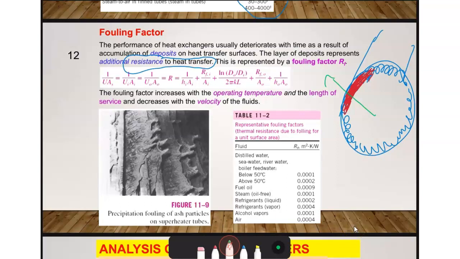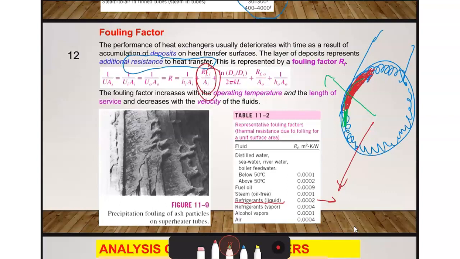Okay, how do we include the fouling factor in our calculation? Basically we just add, for example, on the inner side, RFI over AI. What is RFI? For example, the inside is refrigerant liquid, so we have RFI equal to 0.002 over AI.